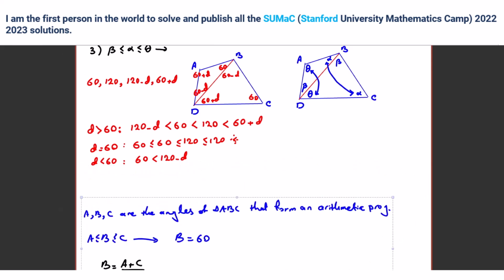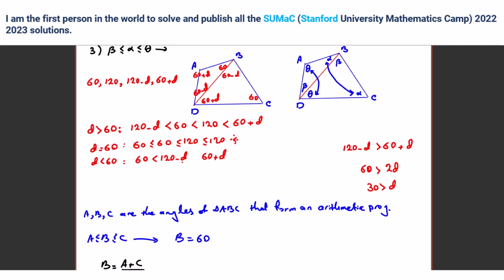But we can check it. 120 minus d is greater than 60 plus d if and only if 2d is less than 60, so d is less than 30. But we know 60 plus d is obviously greater, right? Or not? 60 plus d is greater because 2d is greater than 60, right?